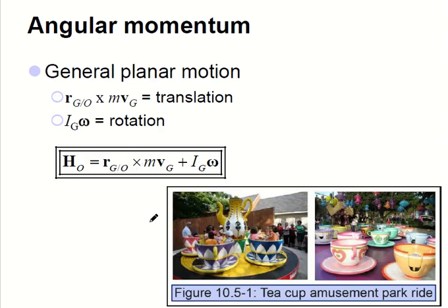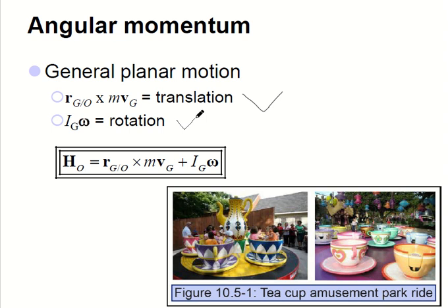General planar motion, again, r GO times mvG, okay? This is the velocity at G. This is r that comes from G and O, and then of course times your mass, will give you the translation motion, and that is the translation part of this GPM.